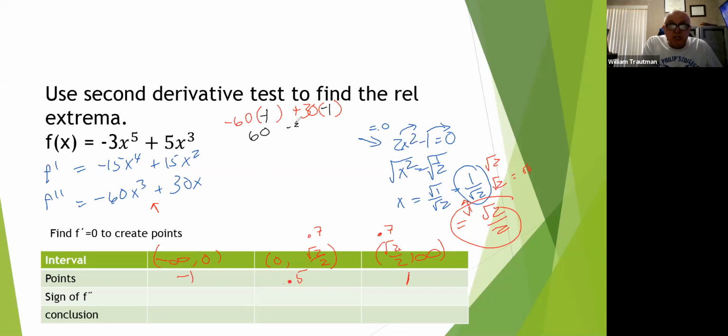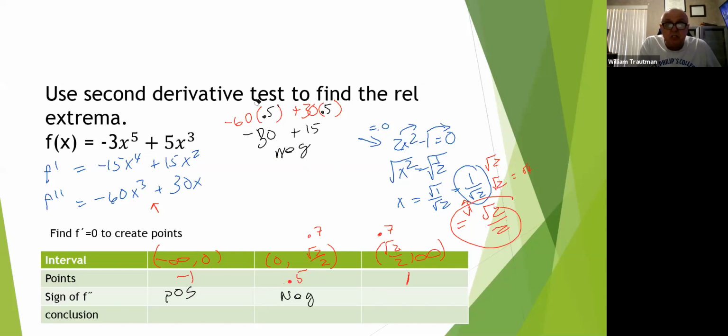I get 60 minus 30, which is a positive number. Next I'm putting 0.5 in there. I get negative 30 here, plus 15, and that's a negative answer. And when I plug 1 in there, I get a negative and a positive. I get a negative answer again.